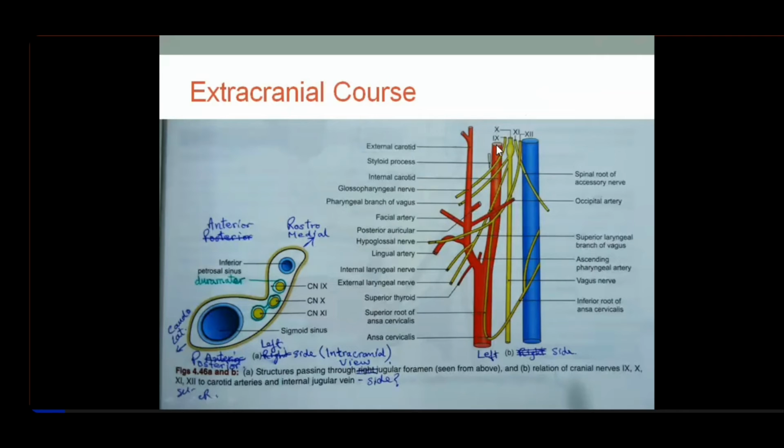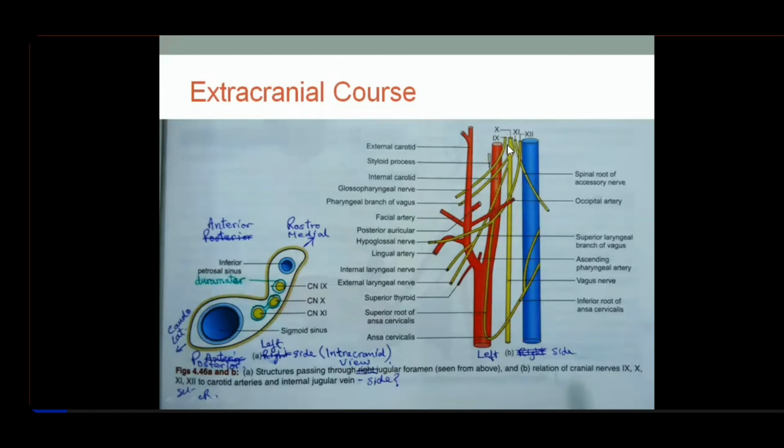Then the carotid was entering into the carotid canal in the base of the petrous temporal, and behind that was the jugular foramen, from where the internal jugular vein and the cranial nerves 9th, 10th and 11th were emerging out. And no doubt just behind this jugular foramen, or you can say posteromedially, will be the anterior condylar canal, from where this 12th cranial nerve will also descend down.